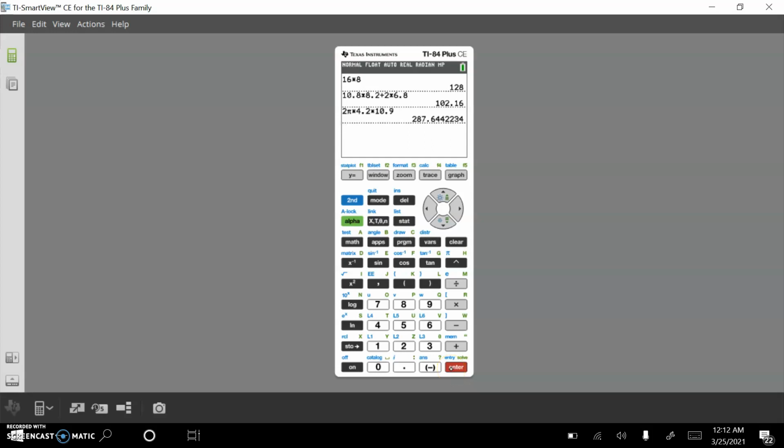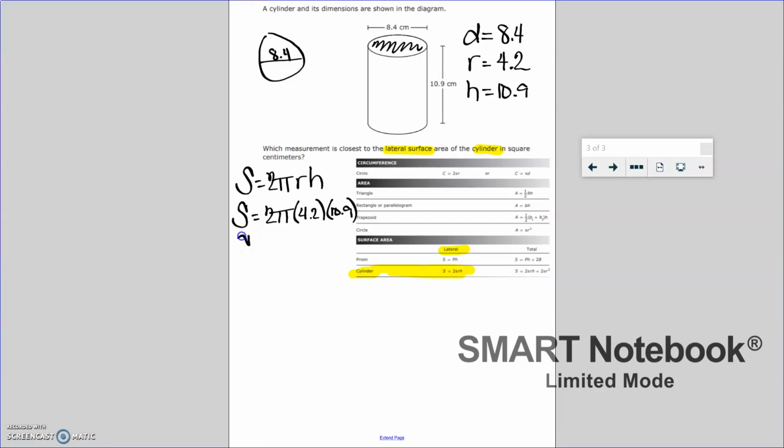And we get 287.64. So we're going to round to the nearest hundredths place. So that will be 287.64, and that's centimeters squared.